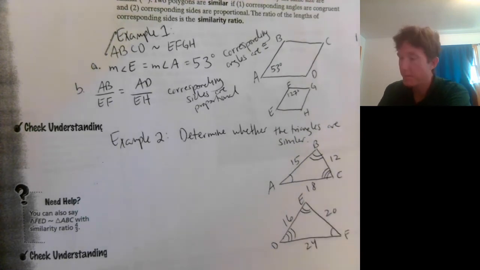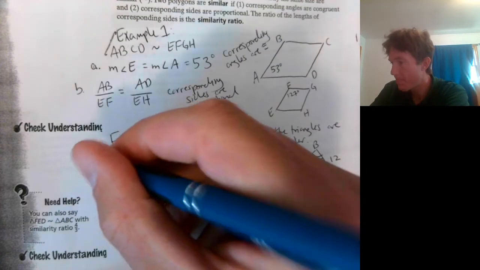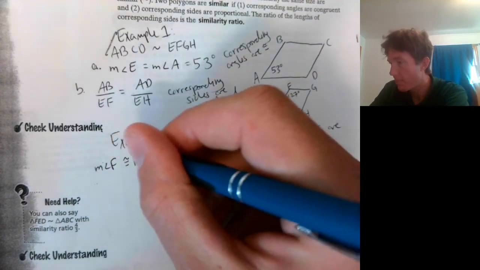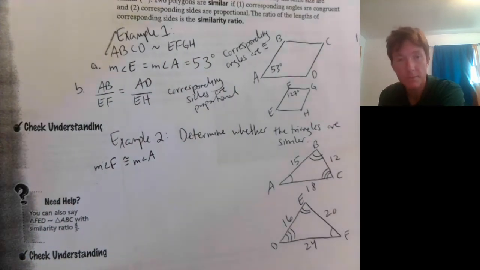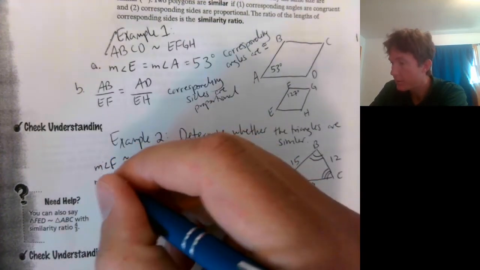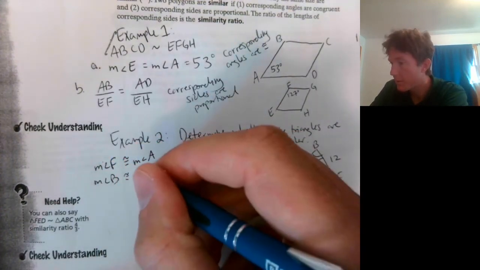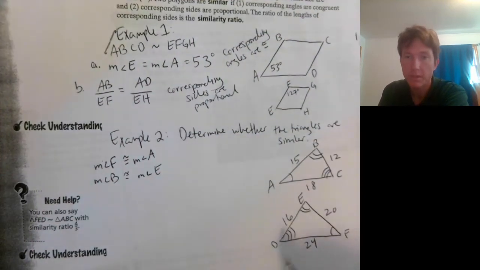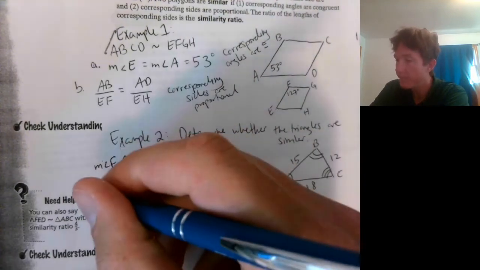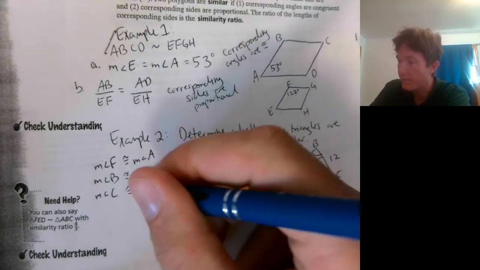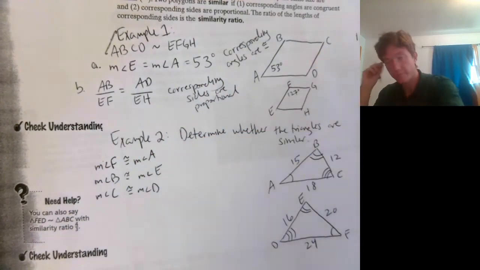So F corresponds with A. Measure of F corresponds with measure of A. Measure of B corresponds with the measure of E. And then the measure of C corresponds with the measure of D.